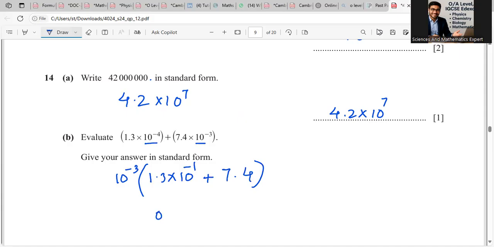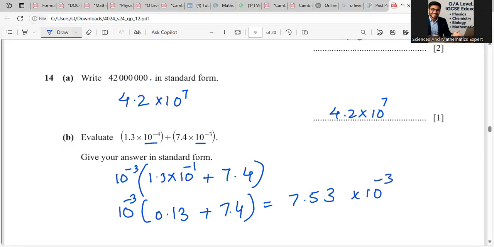Then I'm getting 0.13 plus 7.4, which is 7.53, into 10 raised to power minus 3. So 7.53 multiplied by 10 raised to power minus 3 is the simplified form of this question.